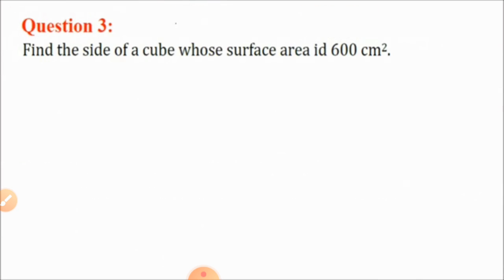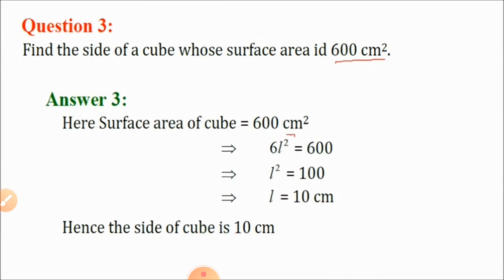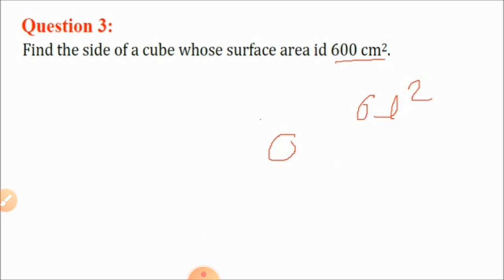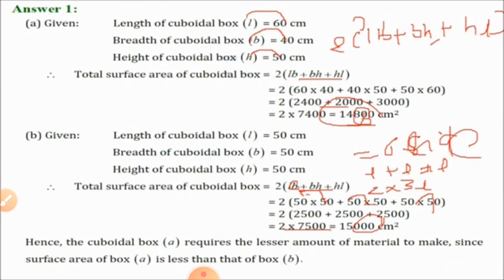Anyone has a doubt regarding this one? No. So look at here, question number 3 of 11.3. Find the side of a cube whose surface area is 600 centimeter square. Here, the final answer is also there with you. Yes, by mistake. Here we have come again to the same one.